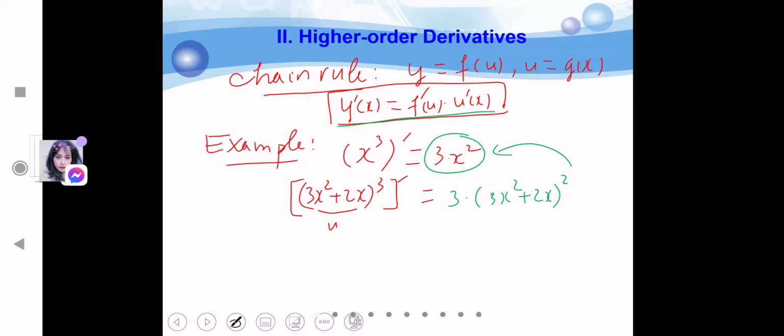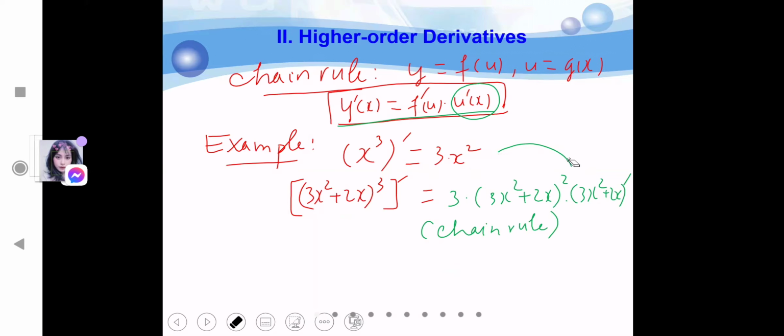This formula has the same meaning as this formula, but we need to multiply by u prime. That means you multiply by 3x squared plus 2x prime. This is the chain rule.